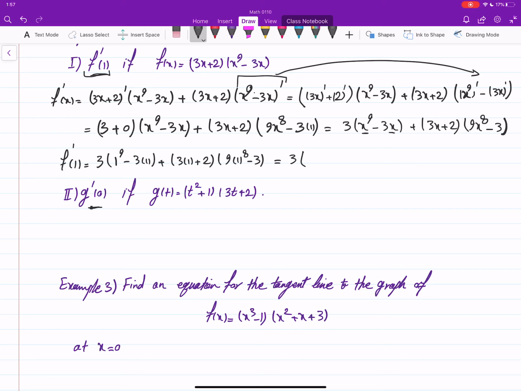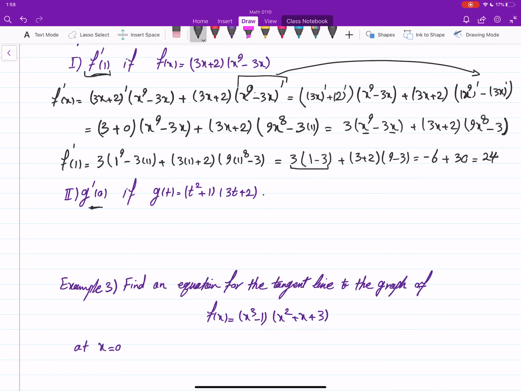This gives us 3 times 1 minus 3, plus 3 times 3 plus 2 times 9 minus 3. That is 3 times negative 2, which is minus 6. And this one is 5 times 6, which gives us 30. And that's 24.